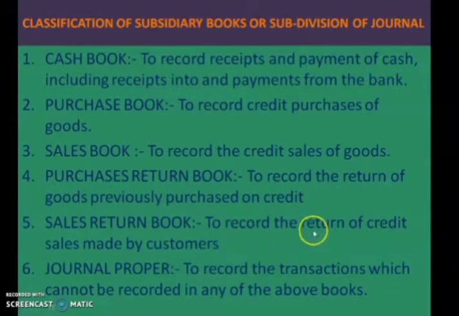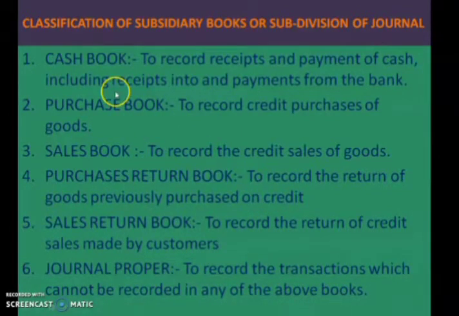And to record the return of credit sales made by the customer, we record it in the sales return book. For all these cases, we maintain a separate book. One more book is there, which we call the journal proper, to record the transactions which cannot be recorded in any of the above books.